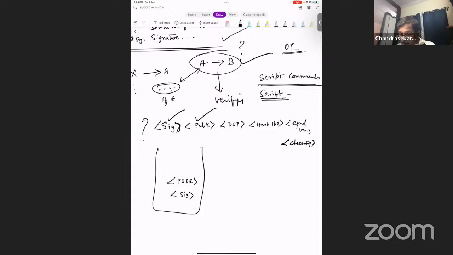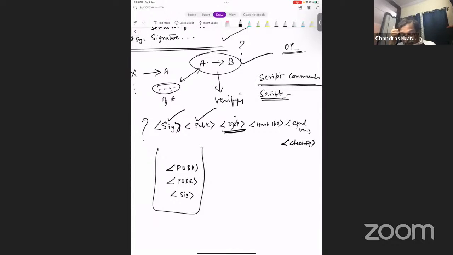This duplication is a command. What does it do? It duplicates whatever is the data that is on the top of the stack. So one more copy of PUB K will be made. This is the execution. This is the data. Data goes directly to stack. Operation is performed out. Okay. Duplicate.